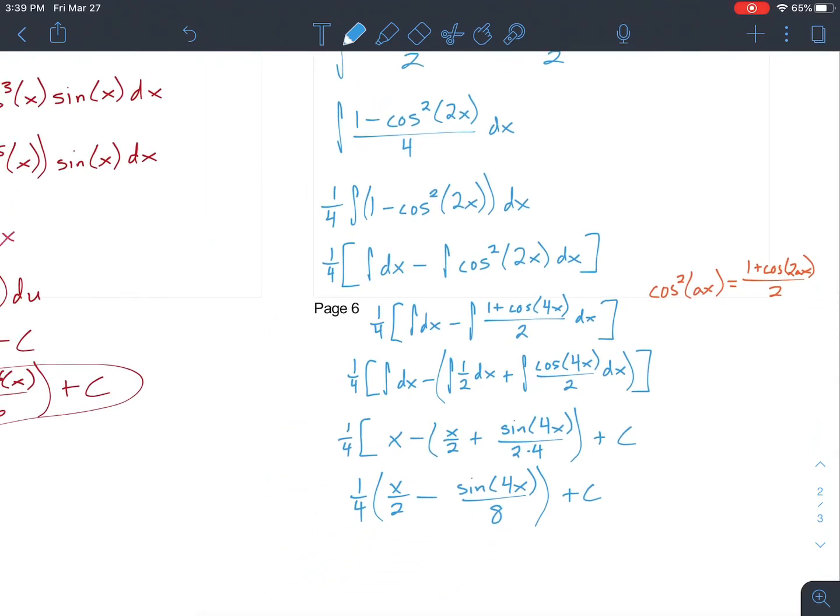And then the last part, I'm just going to distribute everything in. You don't need to, but I'm choosing to. And we're going to get sine of 4x over 32 plus c. And that's it.